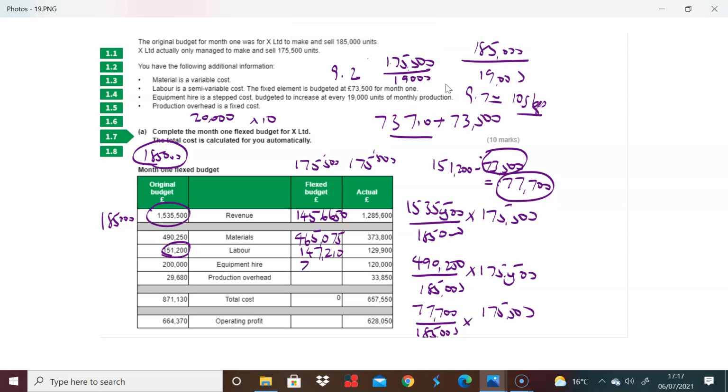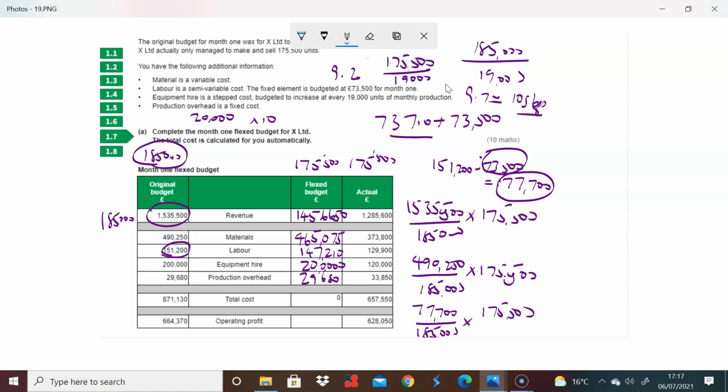So you still have equipment hire of 200,000. That's not changed. Great. And production overhead is a fixed cost, and therefore that remains firmly at 29,680. And so we have all these costs.